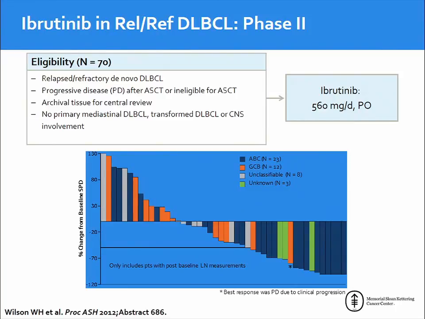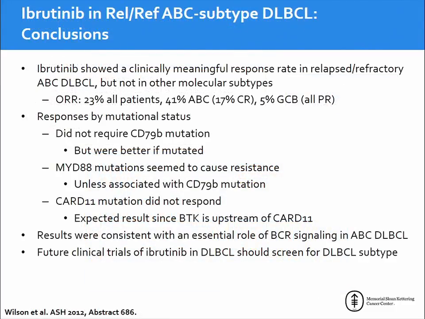However, if you look at this waterfall plot, you can see that most of the winners are activated B-cell tumors, and when we dove into this data set some more, we really started to get some interesting results, and some of them are shown here. Among the ABC tumors, about 40% of the patients responded. The response was enhanced by mutation of CD79B but did not require it. If there was a CARD11 mutation, there was simply no response.